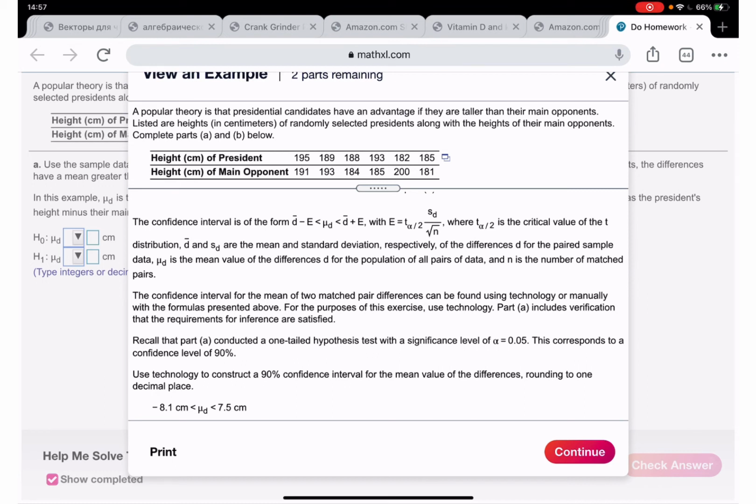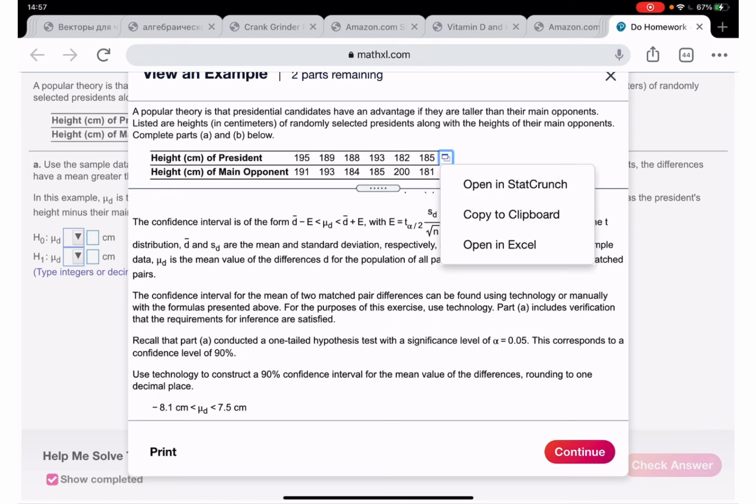It's going to be two tail. If alpha were 5% for two tail, then the confidence level would be 95%. But because it's 5% for one tail, 5% times 2 is 10%, and the confidence level will be 90%. So let's get going.